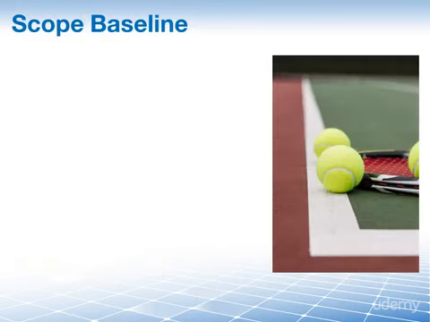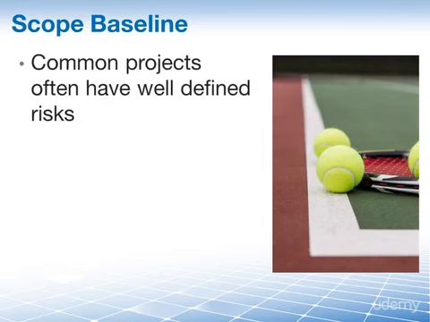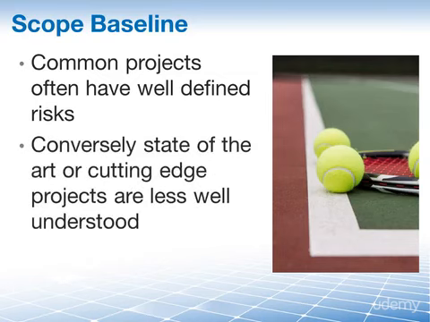Our second input, the scope baseline, is used for the qualitative analysis because common types of projects often have well-defined and understood risk. Conversely, state-of-the-art or cutting-edge projects are less well understood and require deeper analysis.